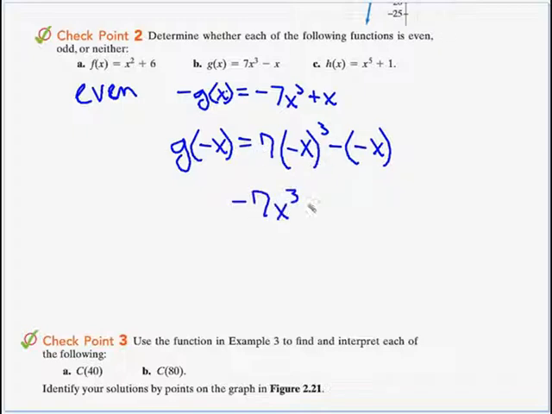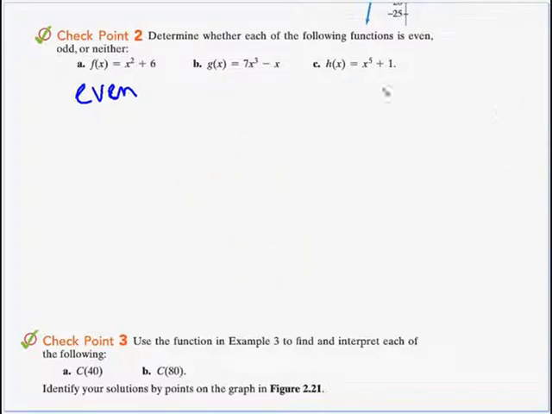The minus and negative here will turn it into a plus x. So this g of negative x matches negative g of x, which means we have an odd function. And actually, I should have written that up here. Odd.